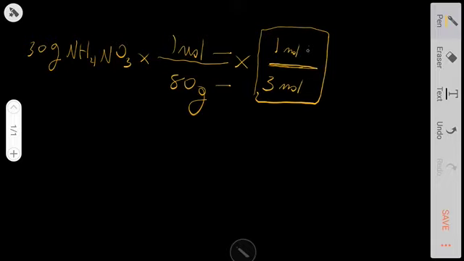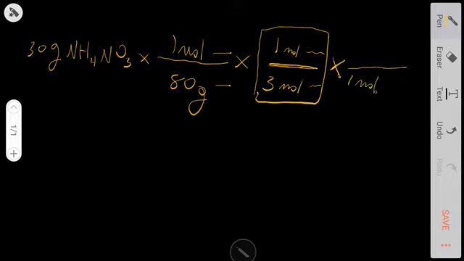Again, I would tell you to write the whole thing out here. So on the bottom, we have ammonium nitrate, and on the top we have ammonium phosphate. Those all cancel out. Then our final step is to convert that to grams.